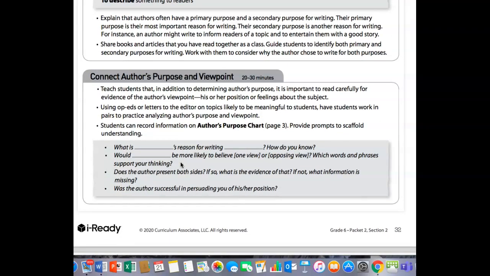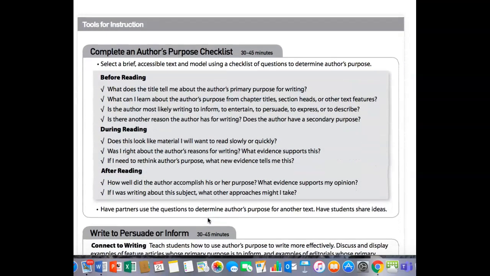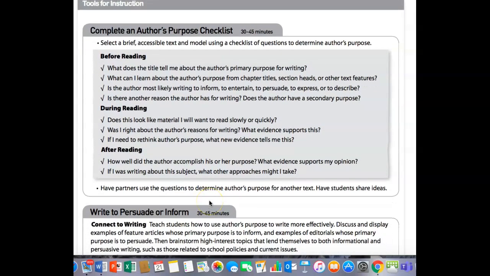I know Miss Allen has gone over this with you. One thing that's important is also the viewpoint of the author, and knowing the viewpoint and the purpose are very important. I know that you went home with some leveled readers, at least two.